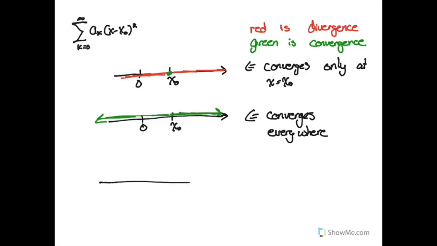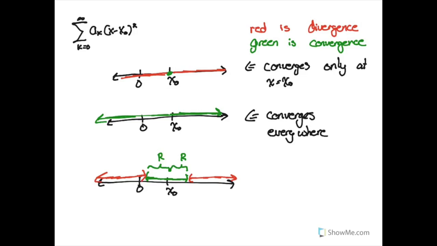And finally, if we have the number line, it's possible for it to converge only on some interval here, and this distance here is R, and it diverges everywhere else.